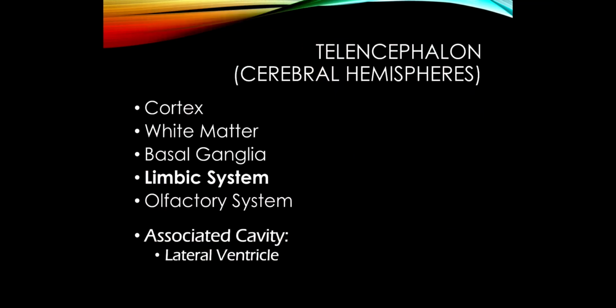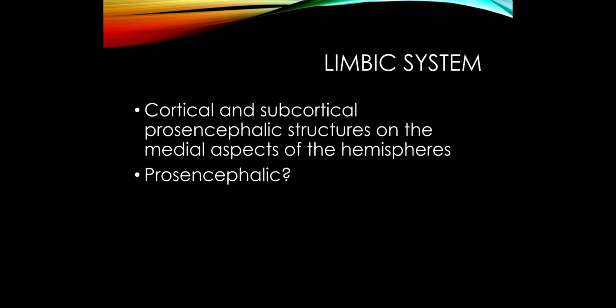Okay, the limbic system I will go through very quickly. We have 2 hours on the limbic system from Dr. Perot on Thursday. So what is the limbic system? It consists of cortical and subcortical prosencephalic structures on the medial aspect of the hemispheres. So let's unpackage that sentence just a little bit here.